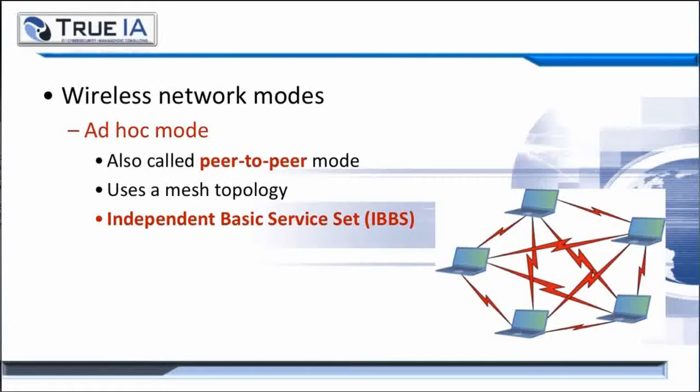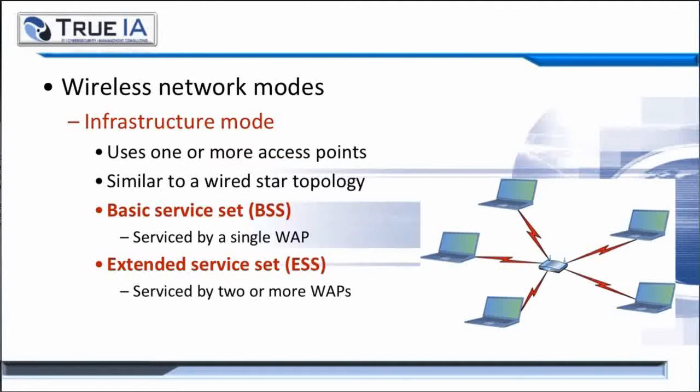When setting up wireless networks, we have choices, beginning with ad hoc mode. This is a peer-to-peer mode. It uses a mesh topology, and you'll see it in the setup utility indicated as Independent Basic Service Set, or IBSS. The next mode you'll have is infrastructure mode.